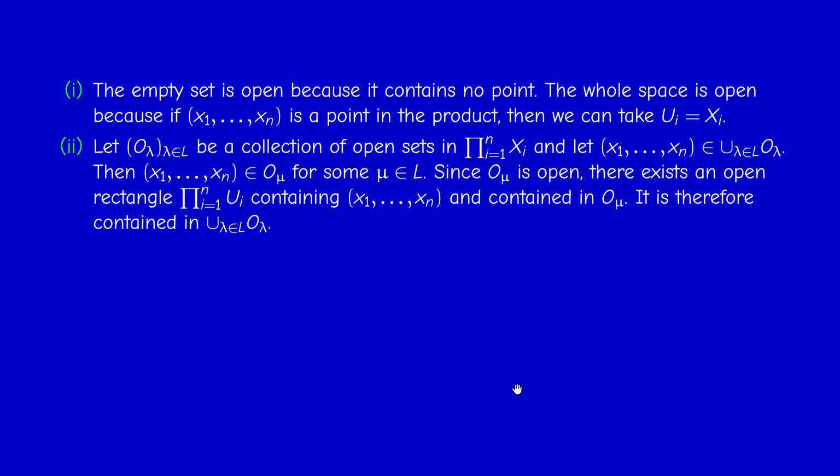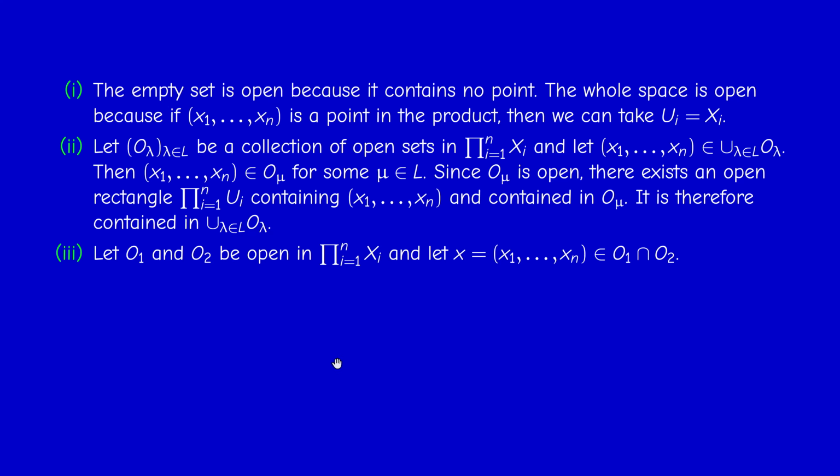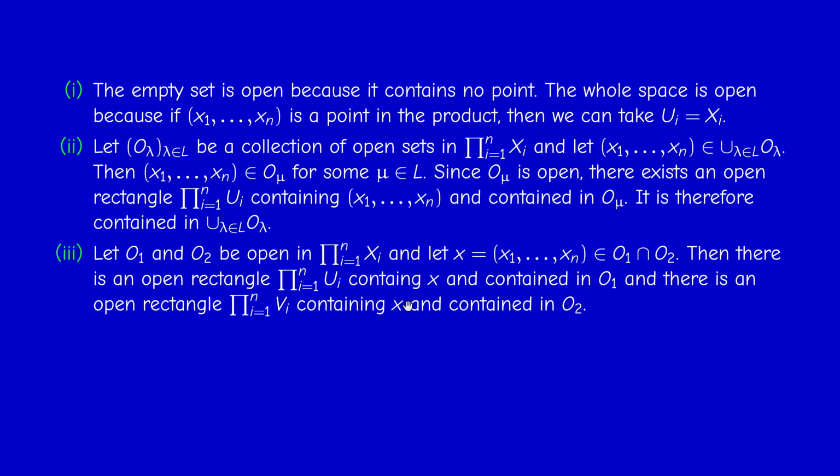And what about intersections? Just take two open sets in the product, O1 and O2, and take a point x in their intersection. Now, by definition, we can find an open rectangle, which we call the product of Ui, containing x and contained in O1. Similarly, because O2 is open, we can find another open rectangle, which we denote by the product of Vi, containing x and contained in O2.